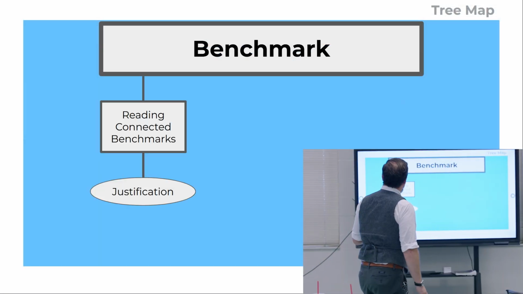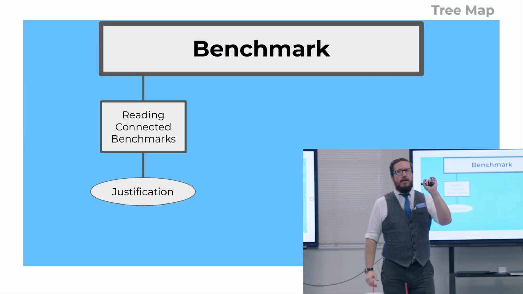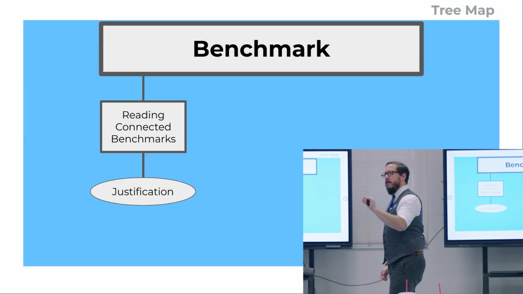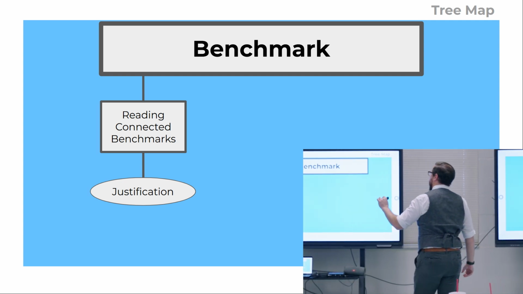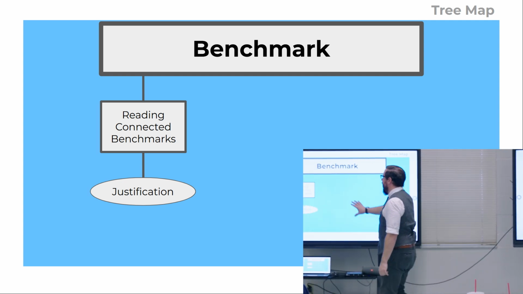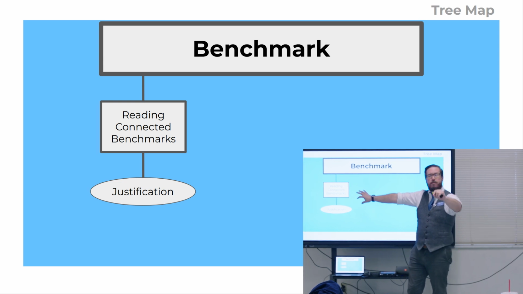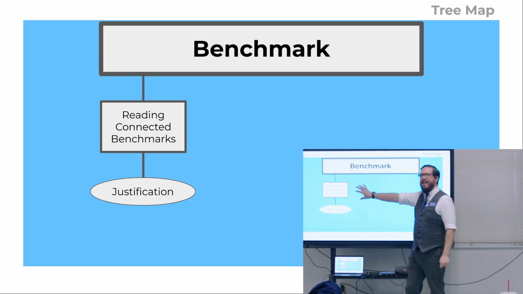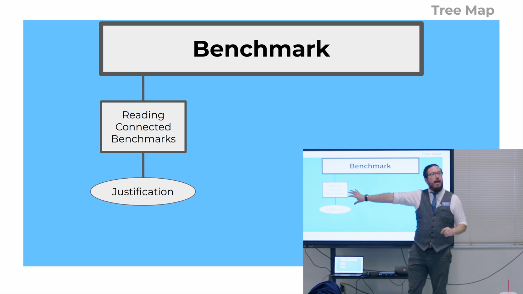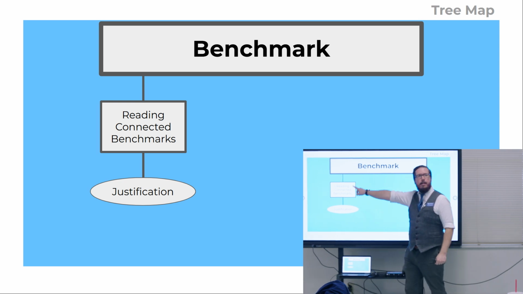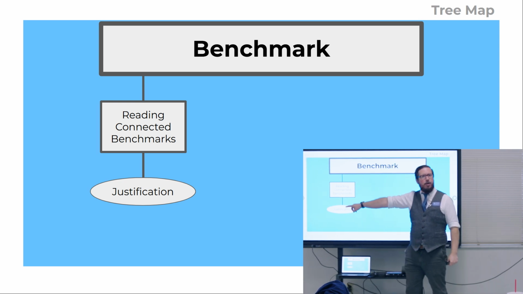So what I want you to do is I want you to consider just the reading strand. Just the reading strand. And I want you to think of any benchmarks in that reading strand at your grade level, whichever one you're at, that might connect to the benchmark that you're standing at. And go ahead and draw that little leg right there of our flow chart.